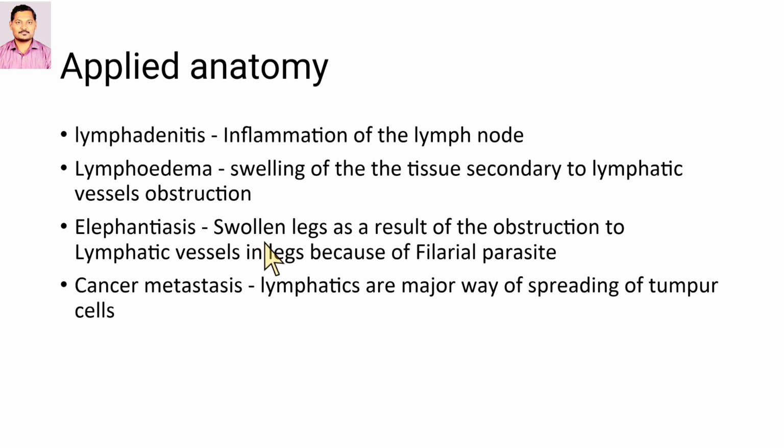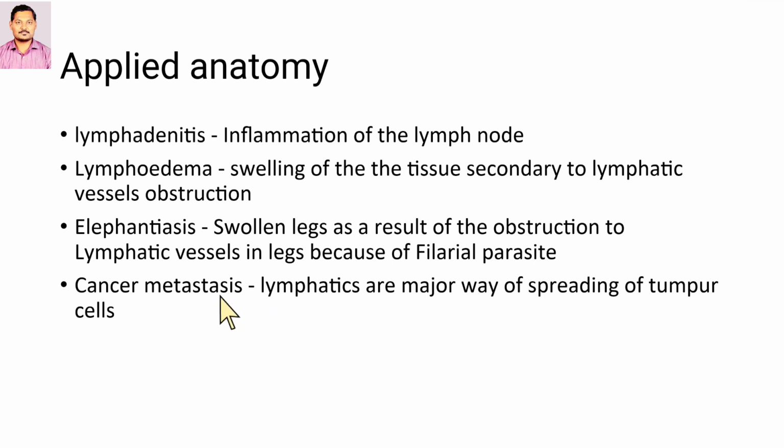You will have cancer metastasis at times associated with the lymphatics, because this is a major way of spreading the tumor cells. Okay, so tumor cells are spread through the lymphatics, and this is a major pathway by which many of the carcinomas are spread in the body, known as metastasis.